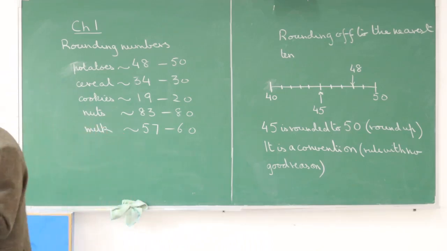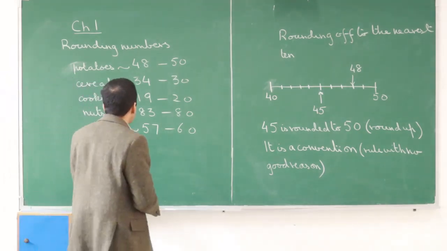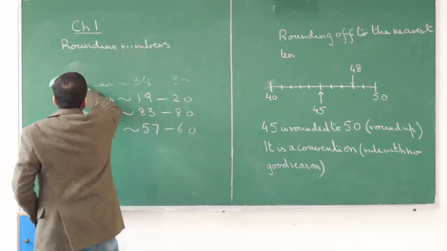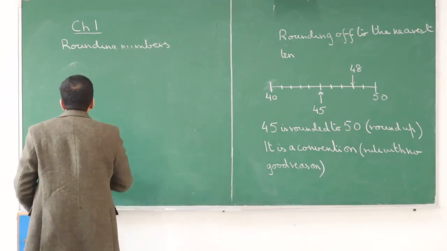Yes. Okay, good. So now let's try to do 2 or 3 problems, and I think you seem quite comfortable with rounding. So right now we are rounding to the nearest 10.